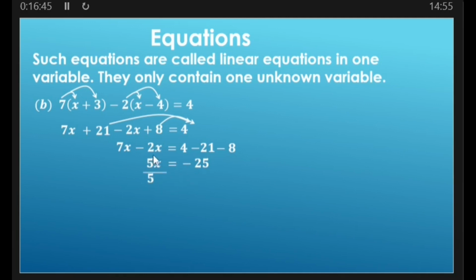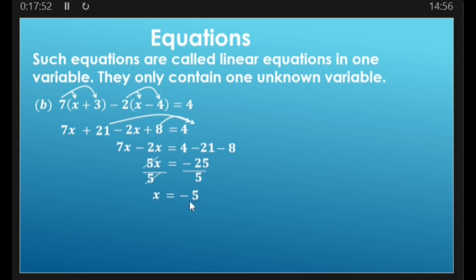Also, whatever we do on the left side of the equal sign must also be done on the right side of the equal sign so that the equality is not offset. So say divided by 5. So 5 into 5, it will cancel, we will remain with x equals, then 5 into negative 25 will give us negative 5. So here x is equal to negative 5.